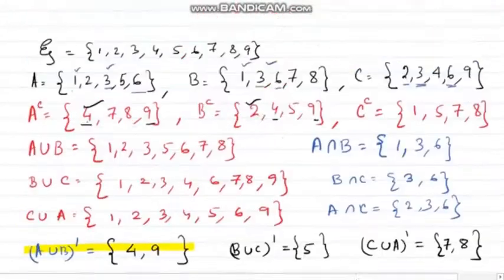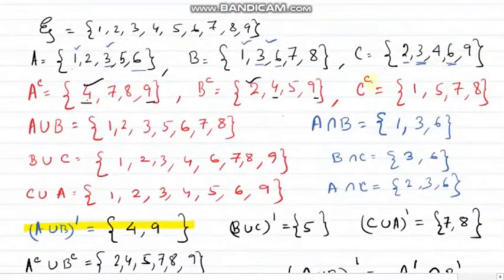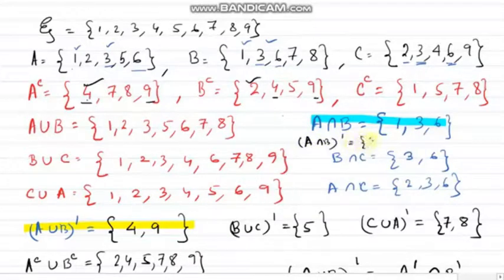Also, if I write A intersection B complement, this one complement, it will be 2, 4, 5, 7, 8, 9, right?